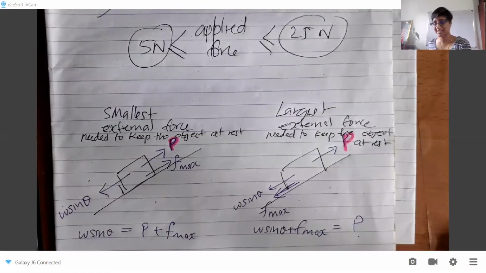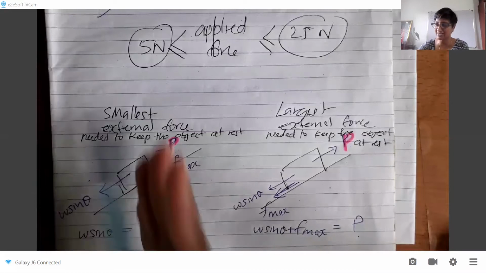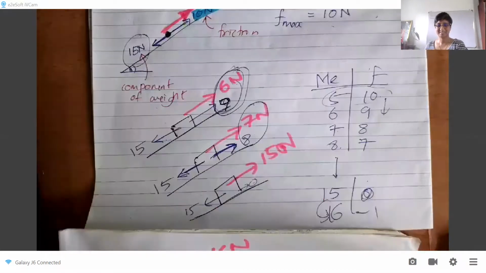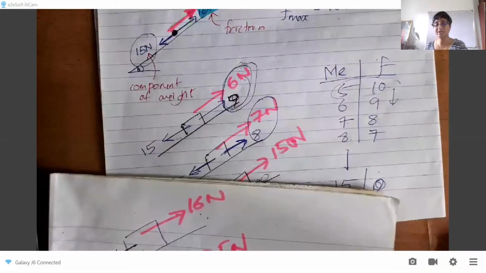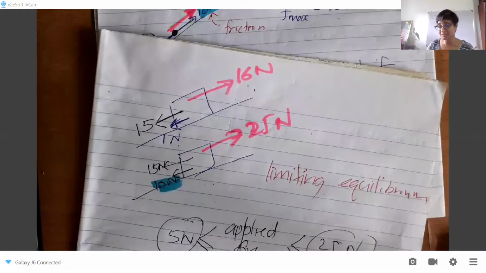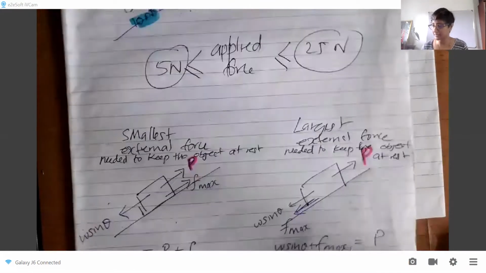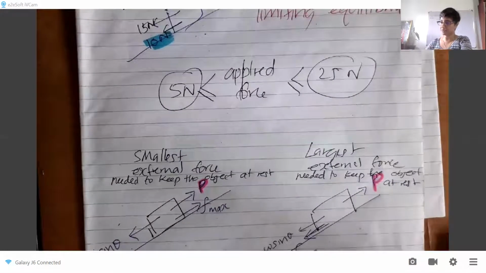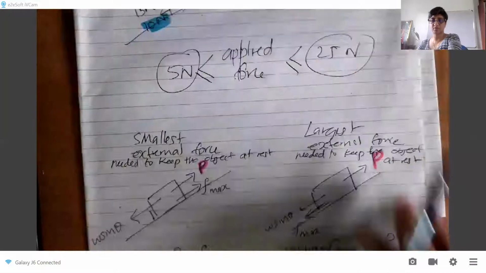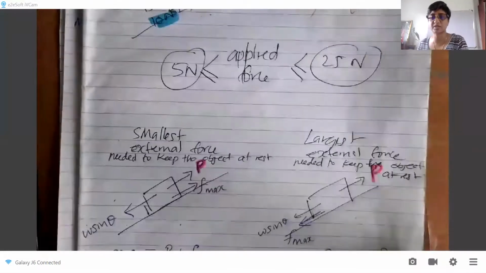Forces are balanced, and there is a range of ways in which you can do it. Now we considered some cases here, right? All these are equilibrium, right? The only fixed force was the component of the weight. Your external force was changing, accordingly friction was changing.